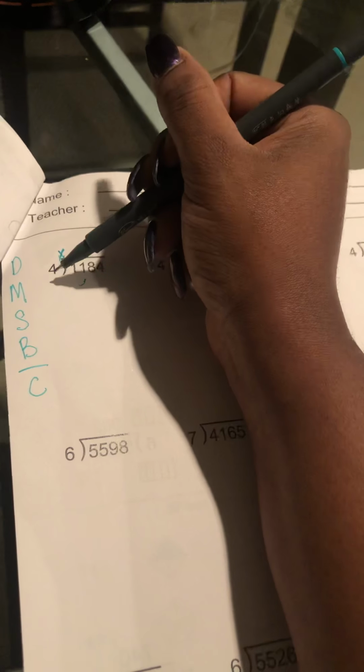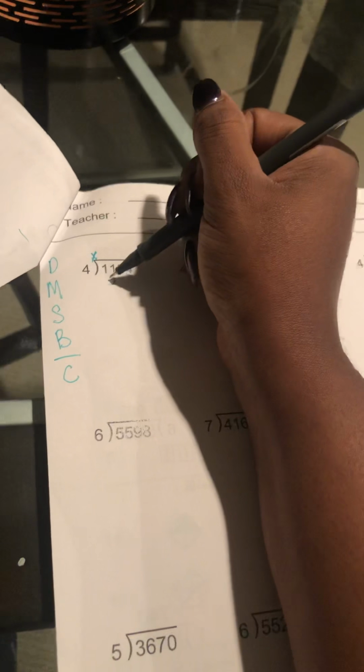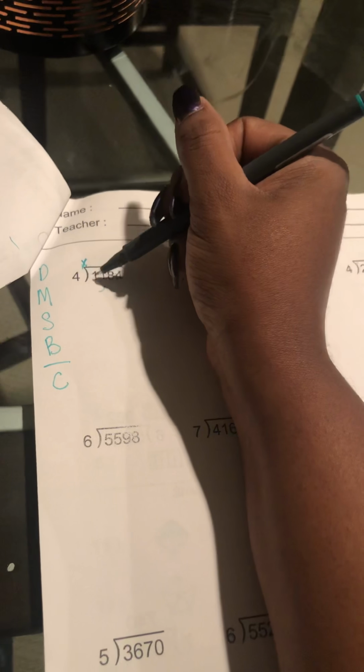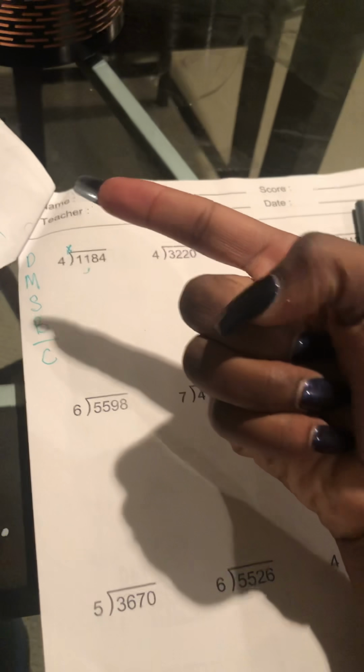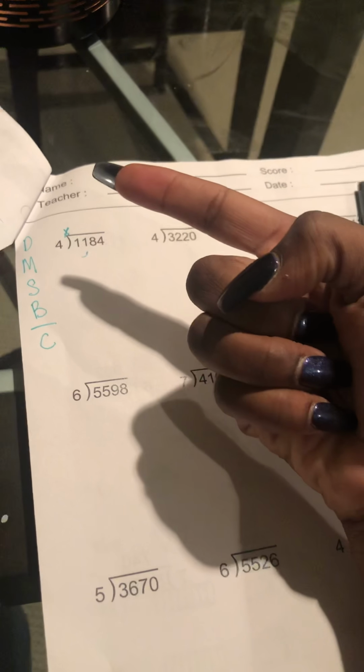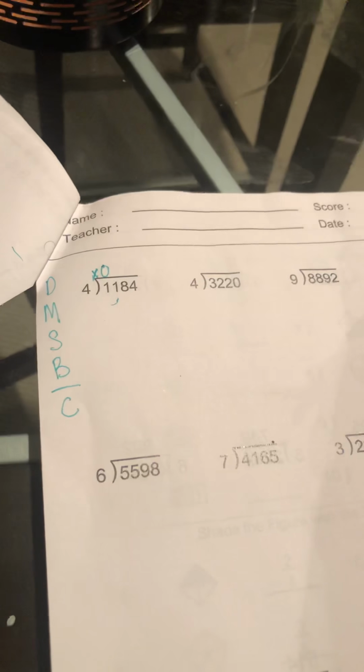So first, I'm going to look and ask myself, the first step is to divide. I always jump into the pool, so I'm dividing 4 into 1. I'm going to think to myself, if I have 1 apple, is there any way to get 4 apples out of this? The answer is no. So since I can't, I'm going to put a 0 at the top.